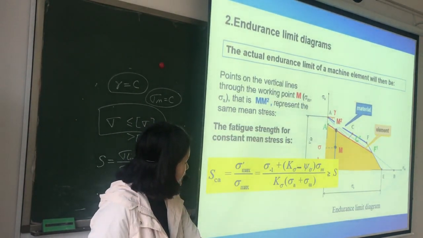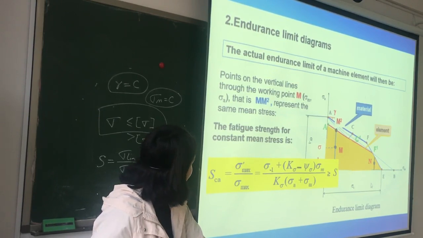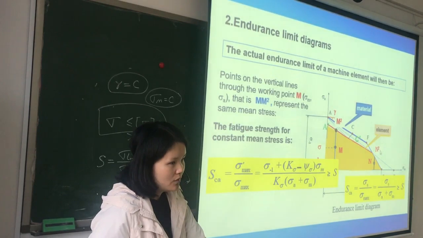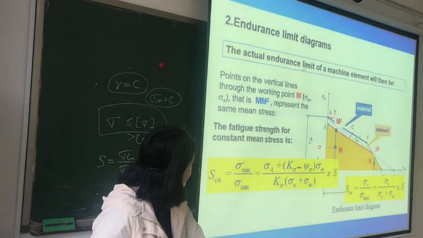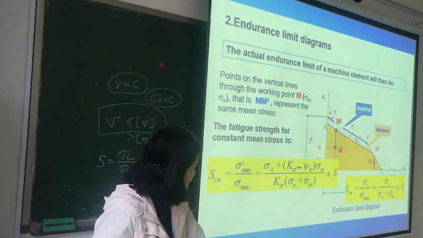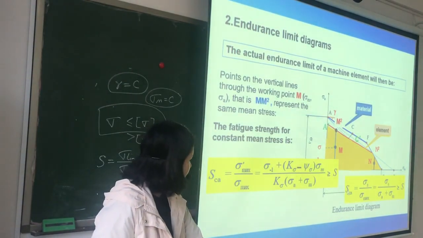For point N, it intersects line F1E at point N2, and the endurance limit is the yield stress. So we use this equation to calculate the safety factor.